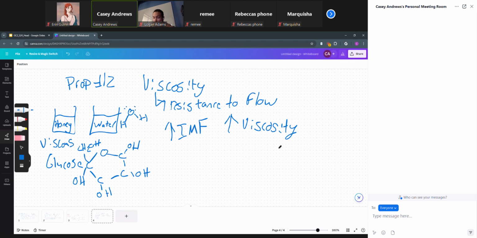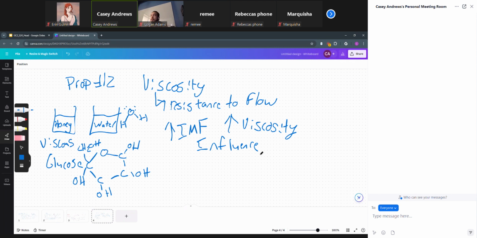However, we can influence viscosity. We can change it. So again, let me put forth this question. Imagine that it's January here in San Antonio, and it's one of those rare days when we wake up and it's like 30 out. Okay, it's very cold out.